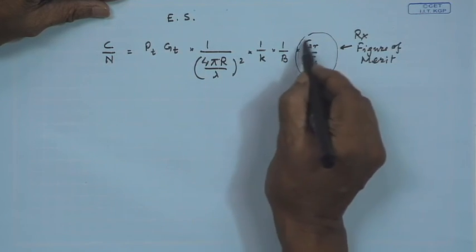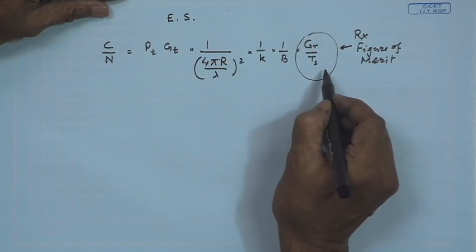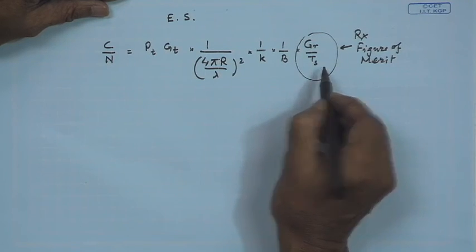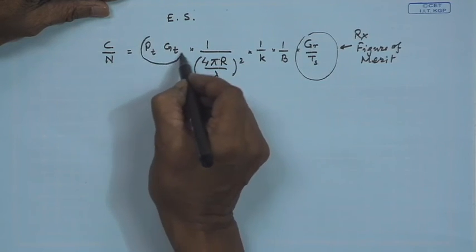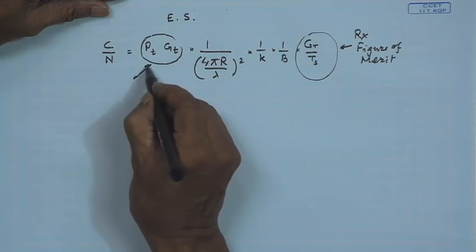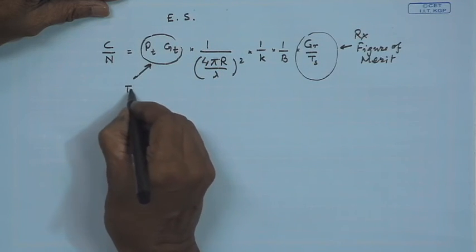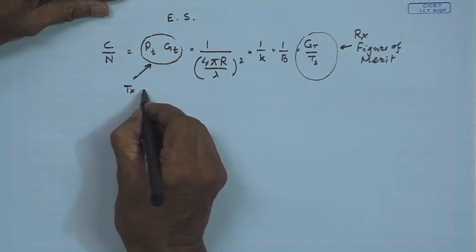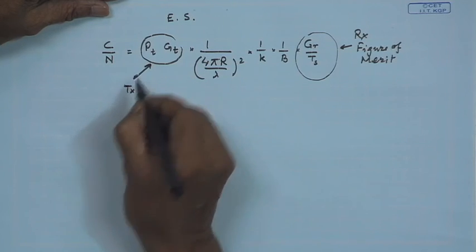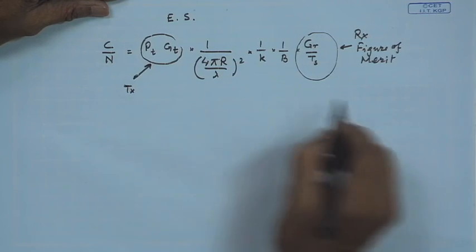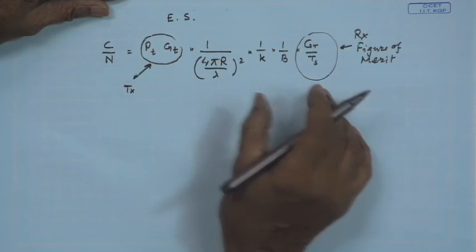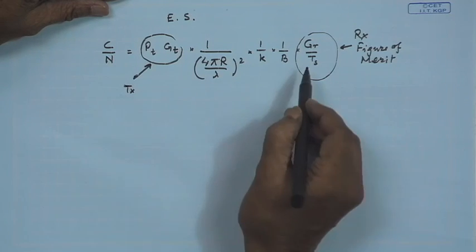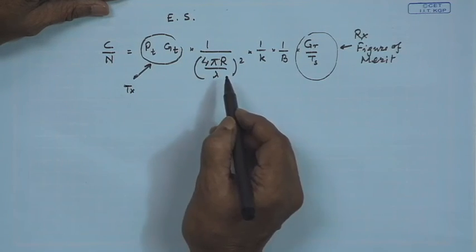So, the performance of the receiver is seen from here, and these two terms, PT and GT, talk about the transmit system of the station. Now, to know the performance of the station, we must know how we measure this.